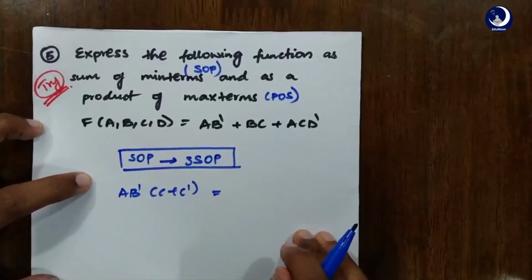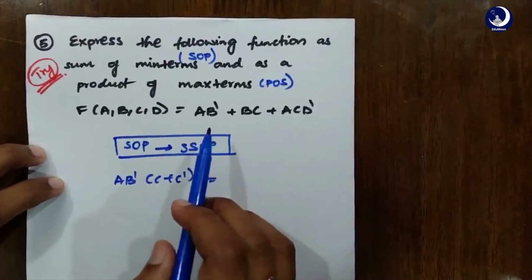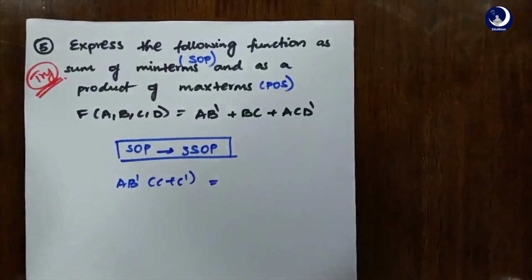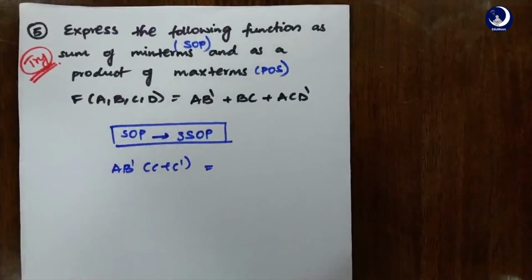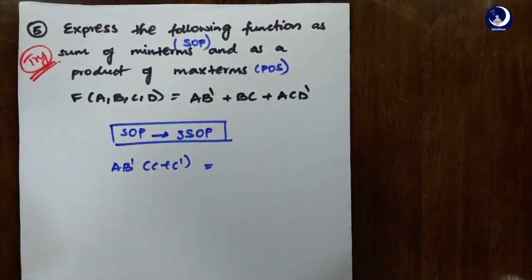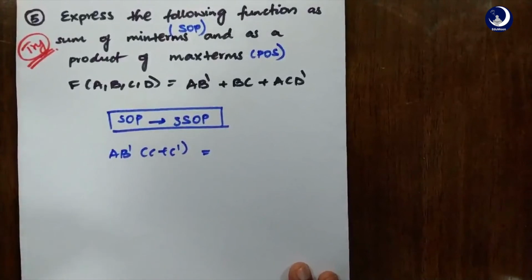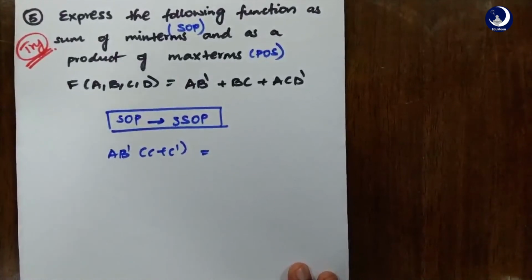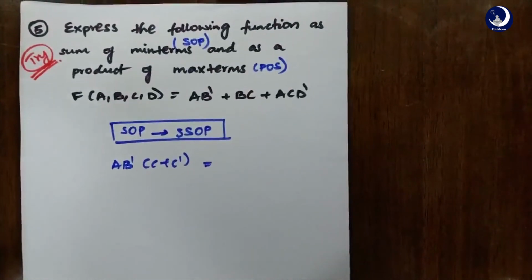So again do that, and you will have a bigger equation with all the variables A, B, C and D. From that, rule out the repeated terms, and finally you will have a unique set of A, B, C, D terms. From that you can calculate your SOP terms, and whatever terms are left behind will be your POS terms.